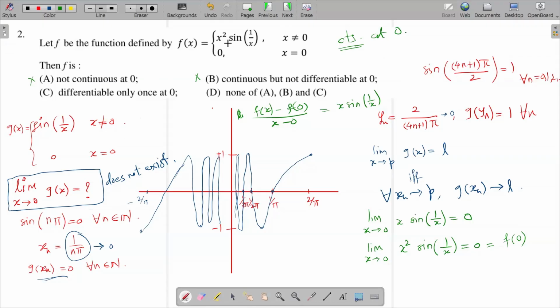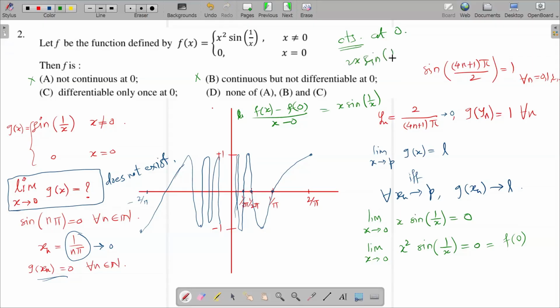And you will realize that cos 1 by x will be one term somewhere. So try it out, work it out, and see whether it is differentiable only once. What will happen is, when I apply u into v, there will be a term 2x sin 1 by x.